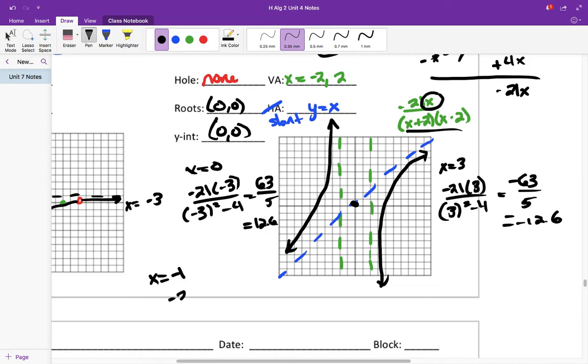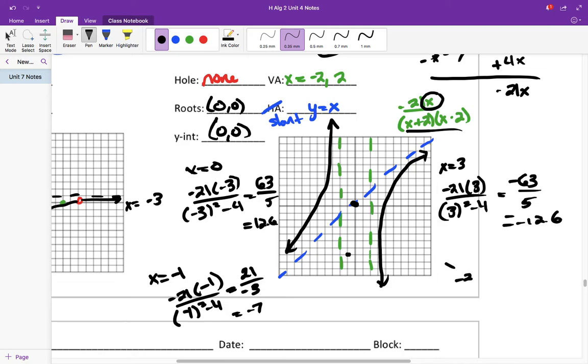So with -1, I have -21 multiplied by -1 over -1 squared minus 4. That reduces to 21 over 1 minus 4, which is -3. In other words, (-1, -7) is going to be one of my points right here.